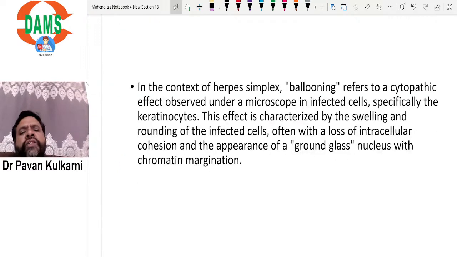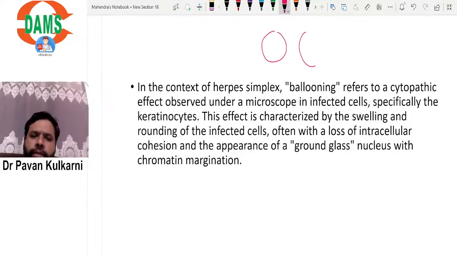Now, in the context of herpes simplex, ballooning refers to cytopathic effect. What do you mean by cytopathic effect? Because of the herpes simplex virus, the epithelial cells will change. They will become round. They will become swollen. They will lose their cohesion. So cells become something like this, round cells.